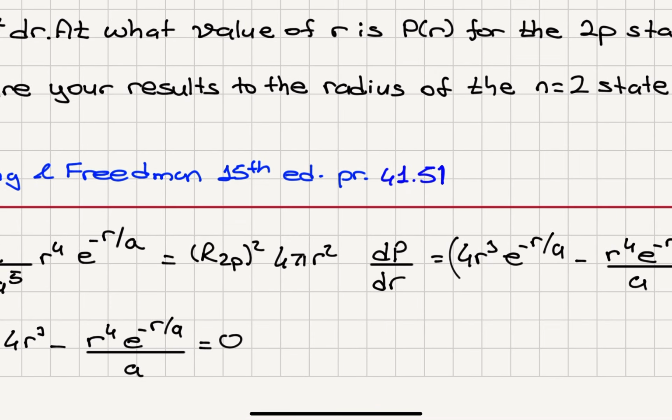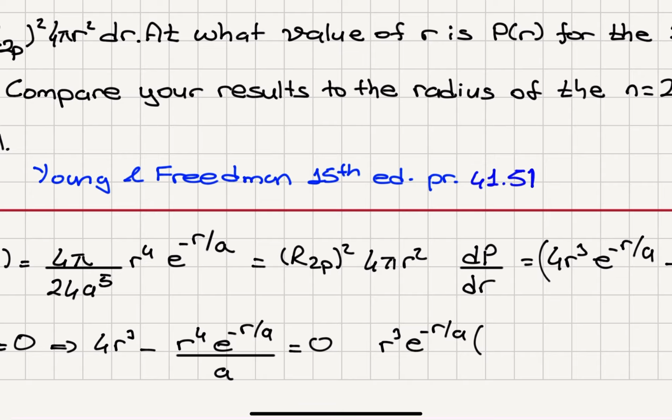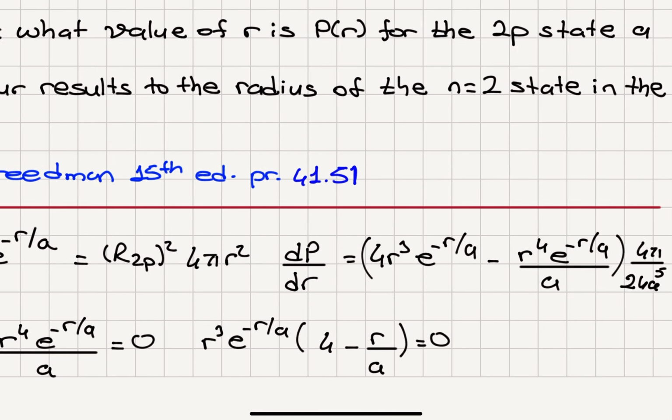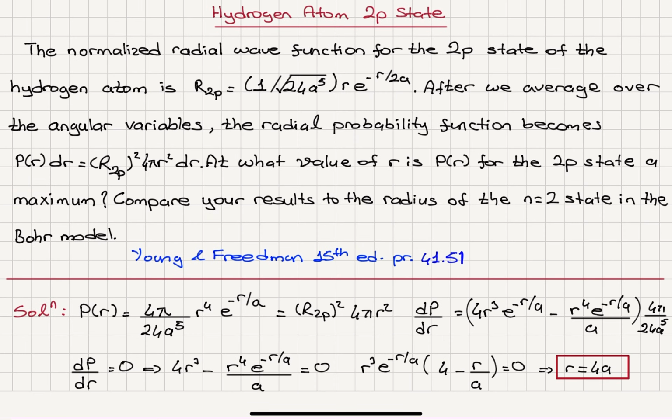In r cubed e to the minus r over a, I have 4 minus r over a equals 0. And this gives me r equals 4a as the highest probability radial distance.